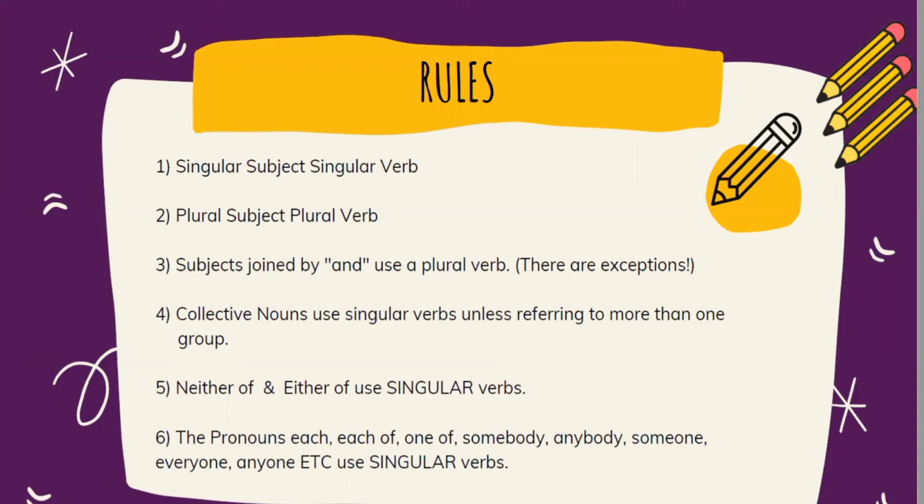Number 5, neither of and either of use singular verbs, and these are not to be confused with neither, nor, either, or. Number 6, the pronouns each of, one of, somebody, anybody, someone, everyone, anyone, etc.